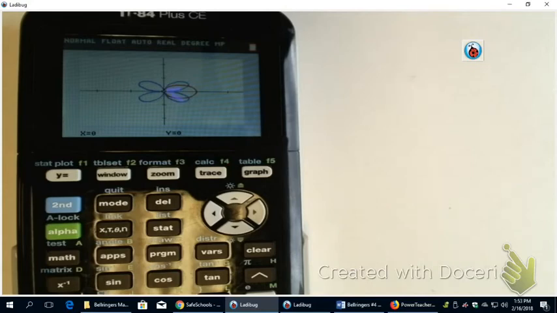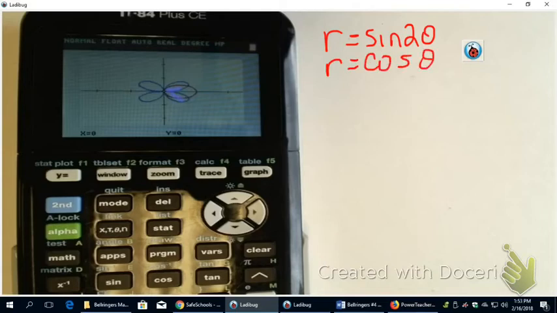Alright, so what we're going to have to do is find where everything intersects. Okay? So if I start with the petal one, let me write down what the equations were. It's r equals sine of 2 theta and r equals cosine of theta.